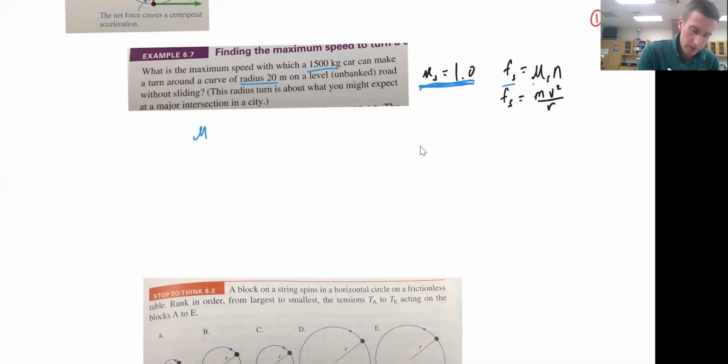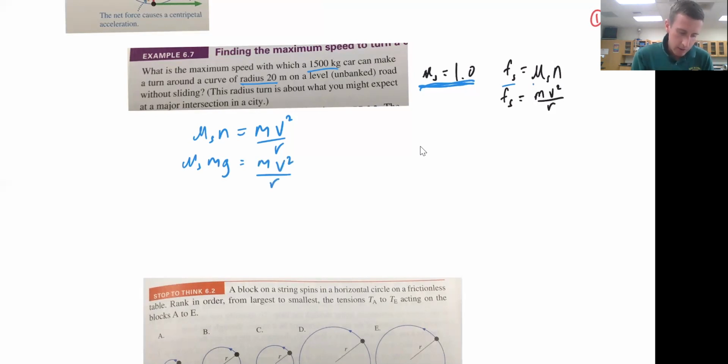Mu sub s times the normal force equals the mass times the velocity squared over r. Now I also know that since the car is on a horizontal surface, there's no bank, there's no slope, the normal force is equal to the weight. Normal force up, weight down. And the weight is equal to mass times gravity. So I do mu sub s times mass times acceleration due to gravity equals mass times velocity squared over r.